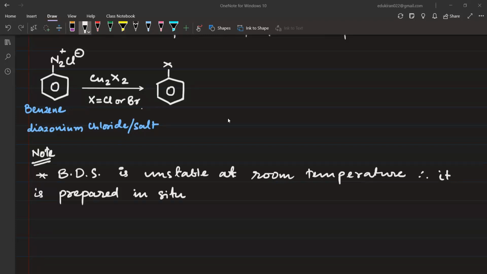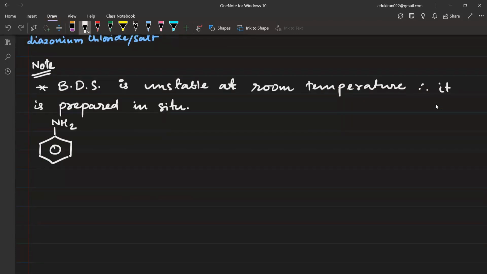Okay. So benzene diazonium salt is unstable at room temperature. Therefore, it is prepared in situ. How do we prepare it? We take benzene attached with NH2, and we call that aniline.